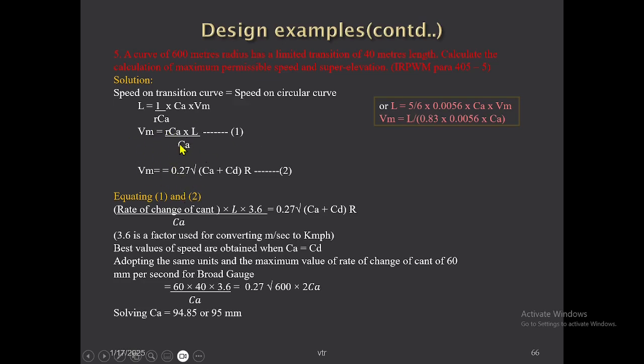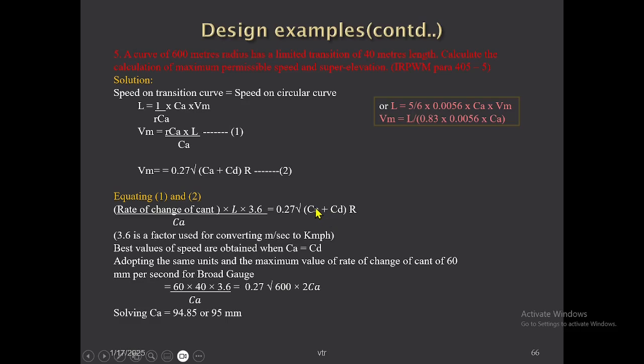Either you can use this equation or that one, both are the same; here you have to use some conversion factor. Equating 1 and 2, rate of change into L into 3.6 conversion factor divided by Ca equals 0.27 into root of (Ca plus Cd) into R. This is an equation for Vm, and that is also an equation for Vm, so we equate them, and the only unknown is now Ca. So we are finding Ca.